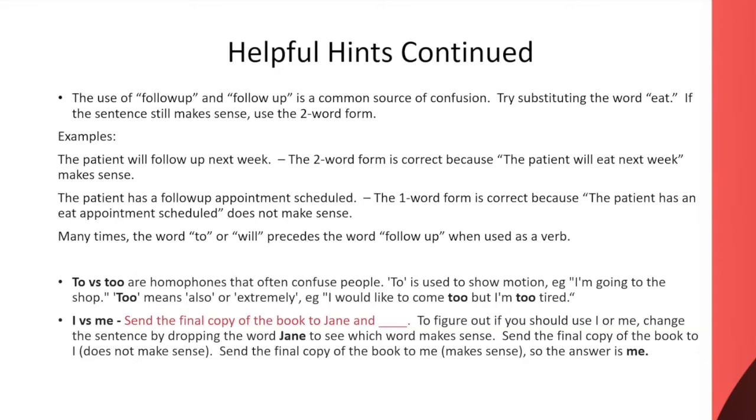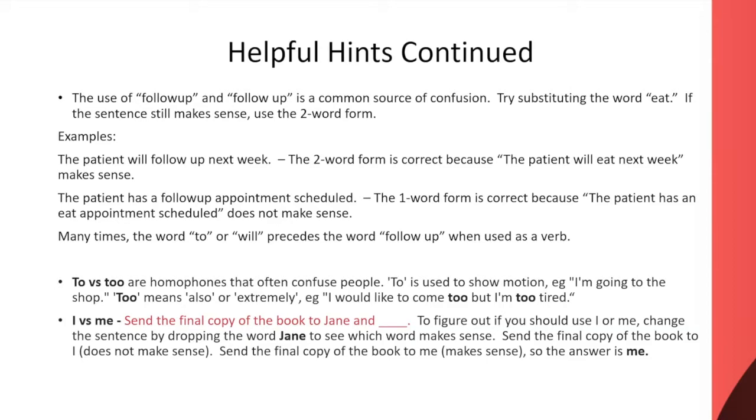To versus too: TO versus TOO are homophones that often confuse people. To, TO, is used to show motion. Example, I'm going to the shop. And too, TOO, means also or extremely. Example, I would like to come too, but I'm too tired.